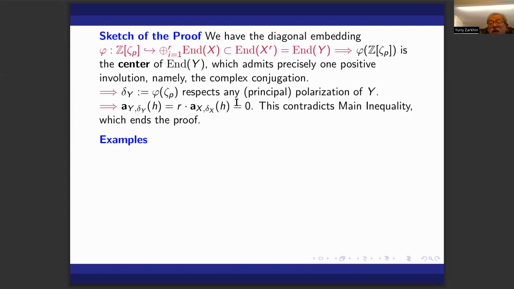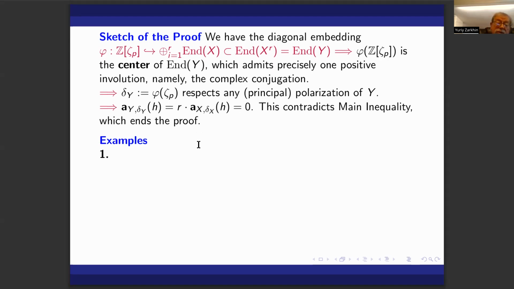Again, here it's important that the polarization, actually, I believe it's a useful observation: if you have a central automorphism of an abelian variety, and if it respects one polarization, then it does respect every polarization.